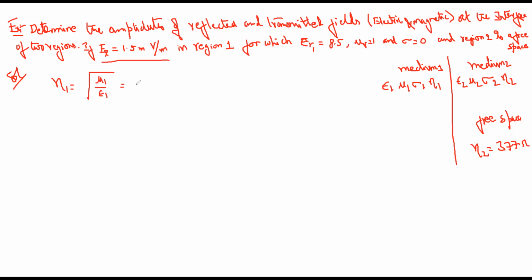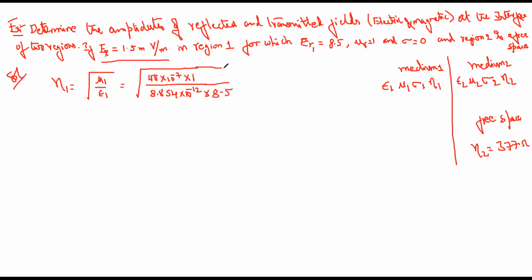Eta 1 is equal to the square root of mu 1 by epsilon 1. What is mu 1? 4 pi into 10 to the power of minus 7, divided by epsilon, where epsilon is epsilon 0 times epsilon r1. Epsilon 0 is 8.854 into 10 to the power of minus 12, and epsilon r1 they have given as 8.5.